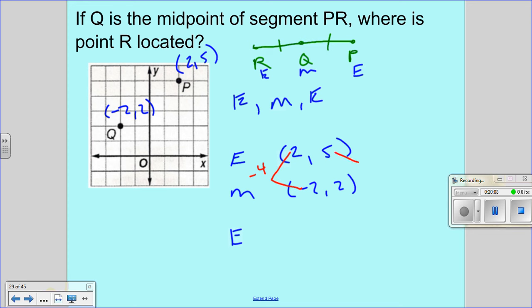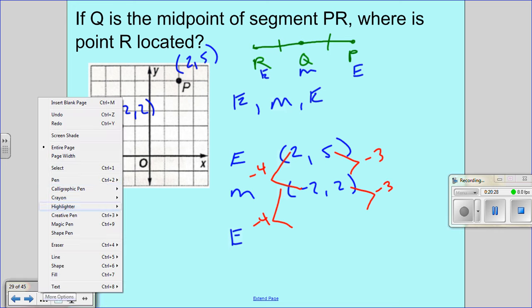To get from 5 to 2, we had to subtract 3. So keeping that the same, since we have the midpoint, we're going to subtract 4 for our x value for R, and subtract 3 for our y value.